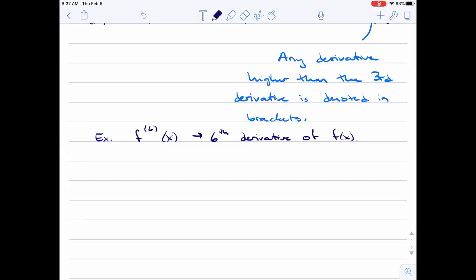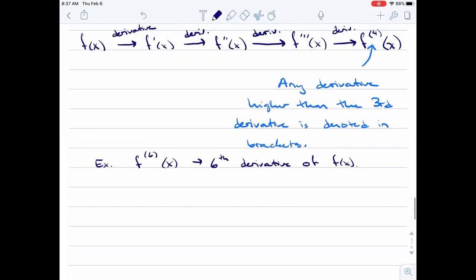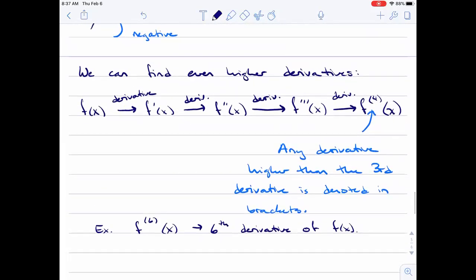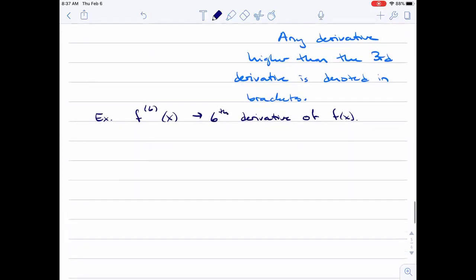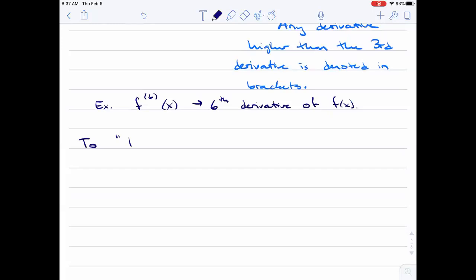What we're doing here is we're taking the derivative with respect to x. That's going to come back because it's going to be important that we keep track of which thing we're taking the derivative with respect to. So to, and I'll put it in quotes, differentiate or take the derivative, those two things are the same.